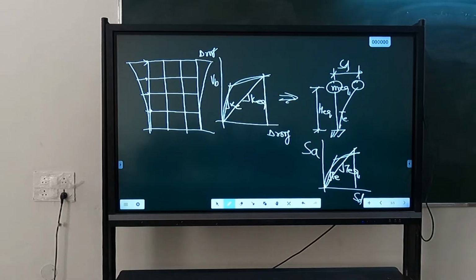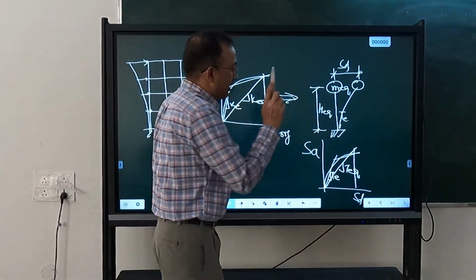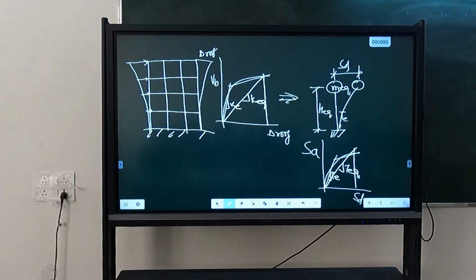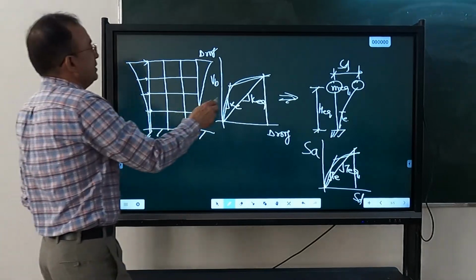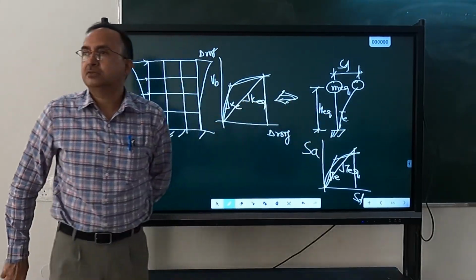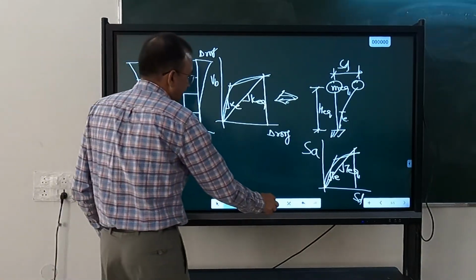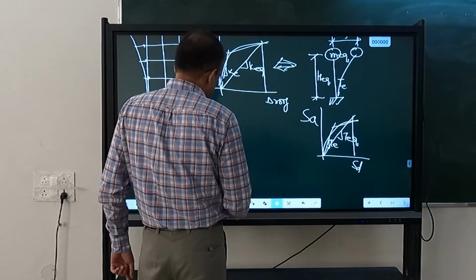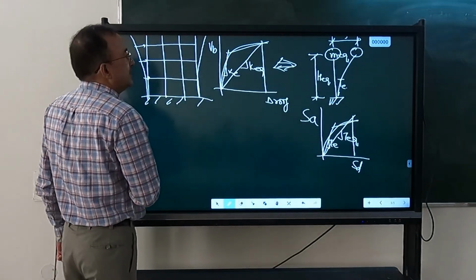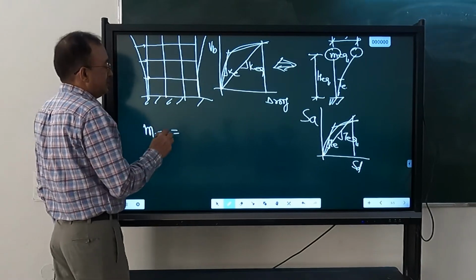So this is the original structure. This is the corresponding single degree system. We will be switching over between these two, from here to here and here to here, using some simple relationships, and those relationships are that this M equivalent is how much?